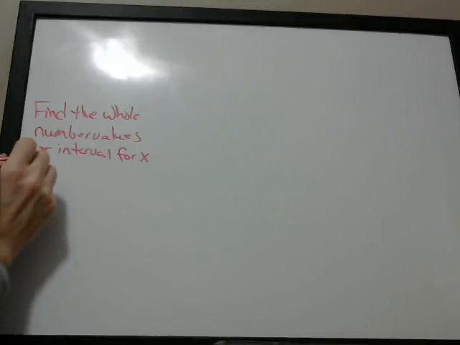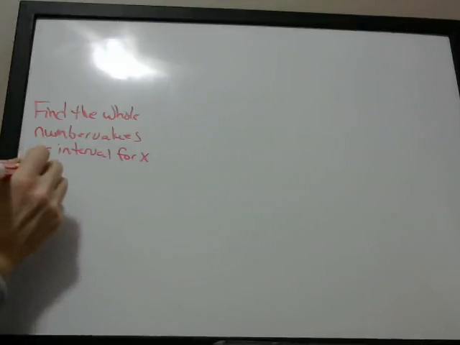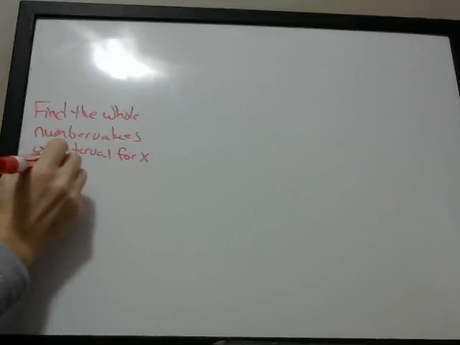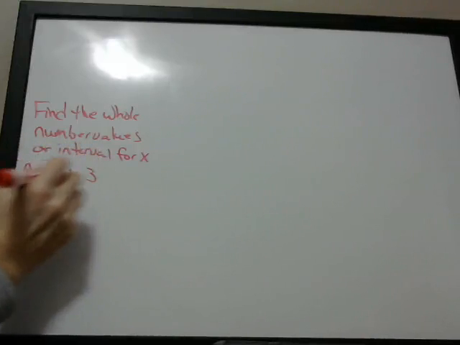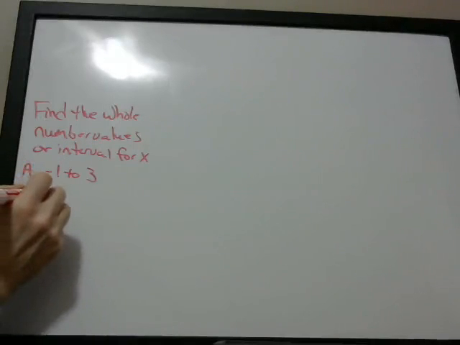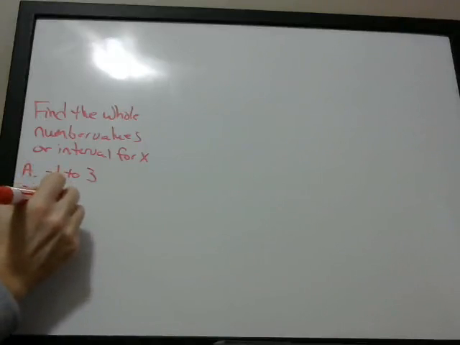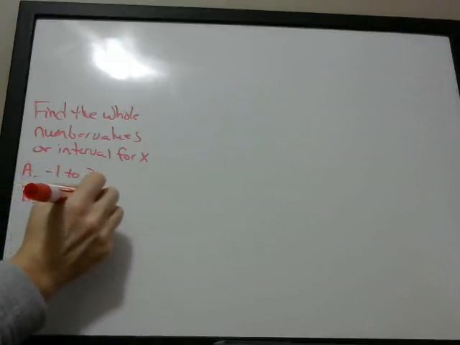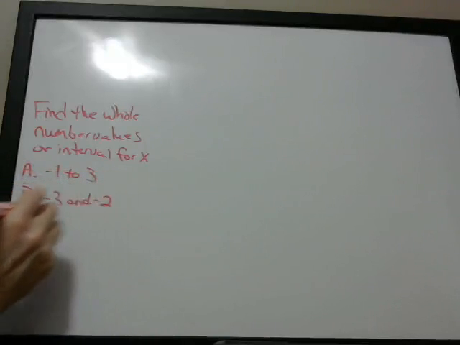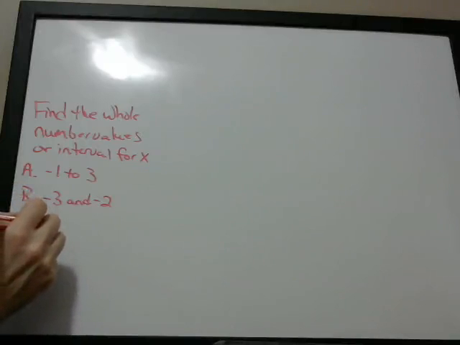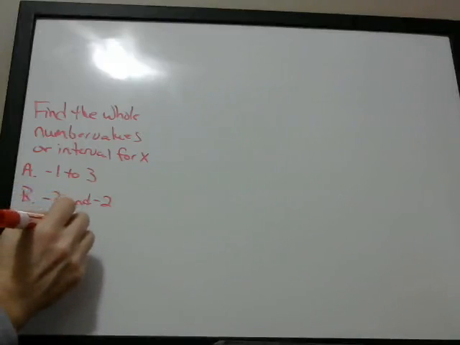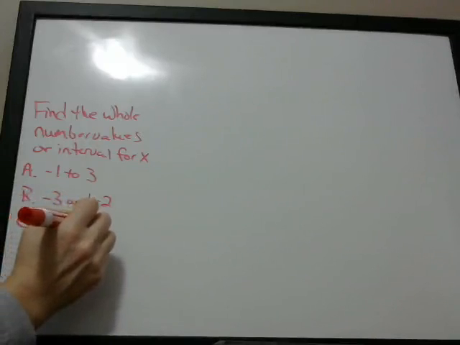So if we give a multiple choice, here your first choice is -1 to 3. Second choice is -3 and -2. Next choice, -3 to -1.